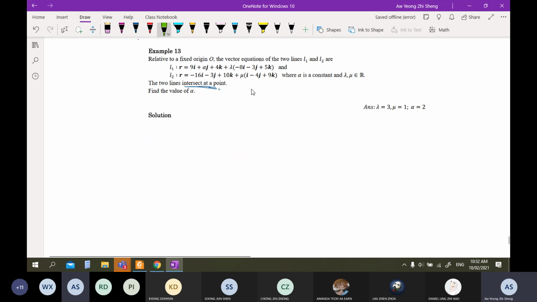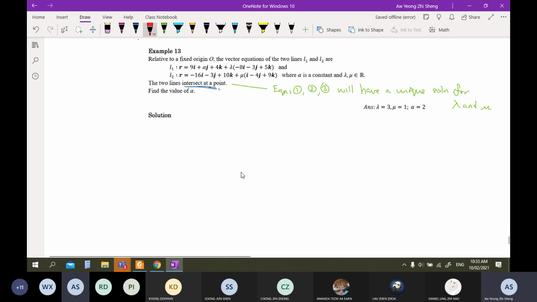This means later when you form equations 1, 2, and 3, they will have a unique solution for lambda and mu, because you know that the lines intersect. If the lines intersect, the three equations that you form later will definitely have a unique solution. And that allows us to solve for alpha.